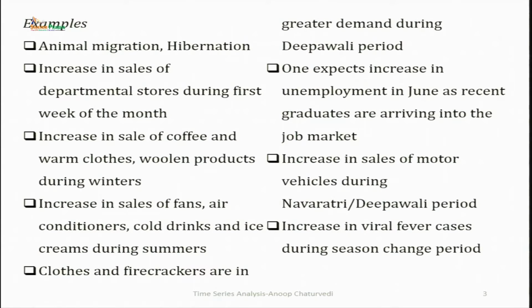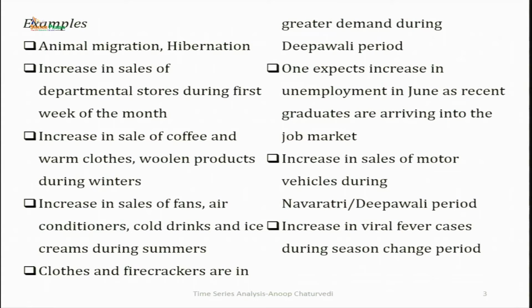Increase in sales of departmental stores during the first week of the month. So, usually the salaried class gets salary on the first of each month. So, they go for shopping in the first week of the month, so there is an increase in the sales of departmental stores.